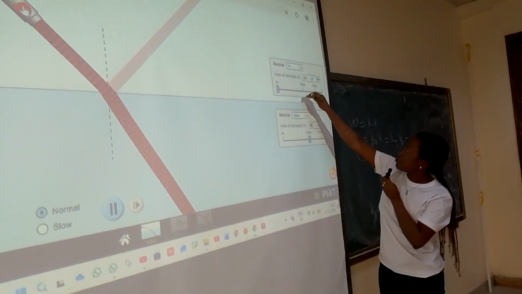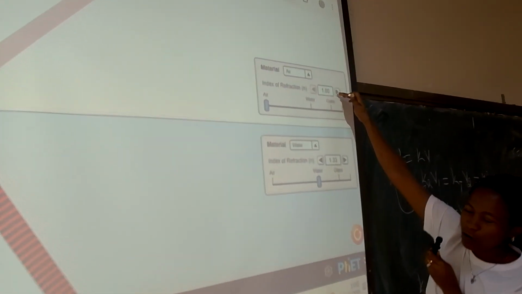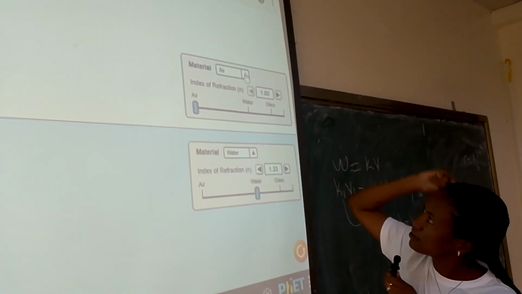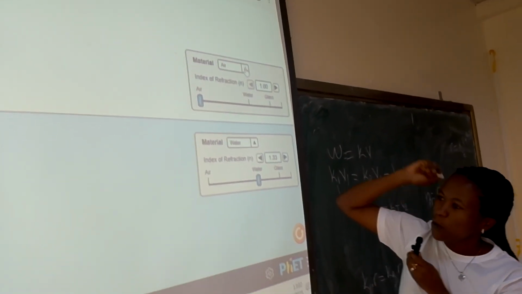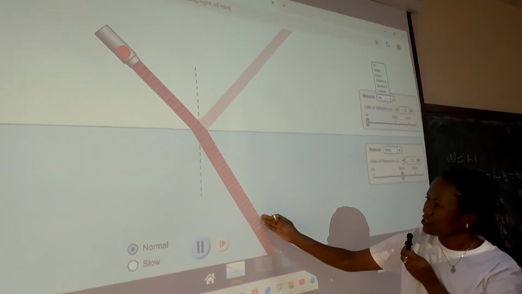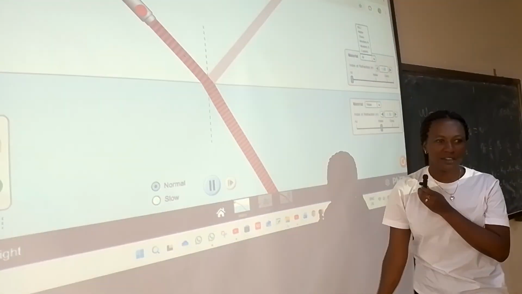When I come here and increase the index of air, our reflected wave moves toward the normal.